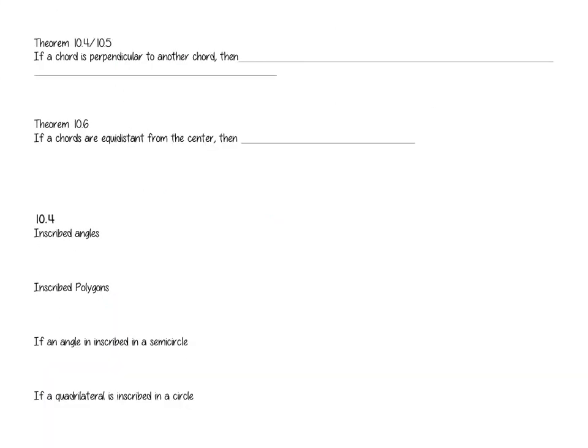Okay, still in the chords in 10-3. This was the other theorem. 10-4 and 10-5, one said it and one said the converse. It said if a chord is perpendicular to another chord, so picture your circle, then one chord has to be the diameter.